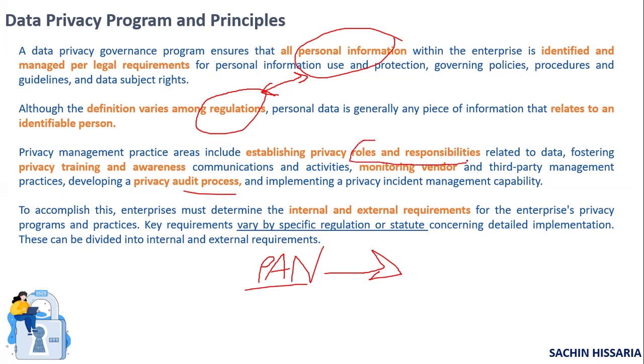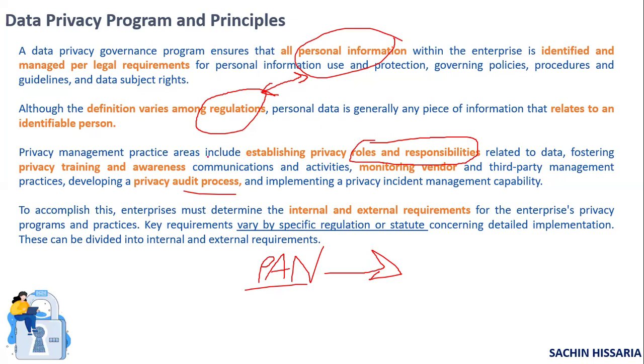So who are the people in the organization who will conduct a privacy training, who will do the monitoring of a vendor, who will develop the privacy audit program? So all those roles and responsibilities need to be identified and documented as a part of the data privacy governance mechanism.